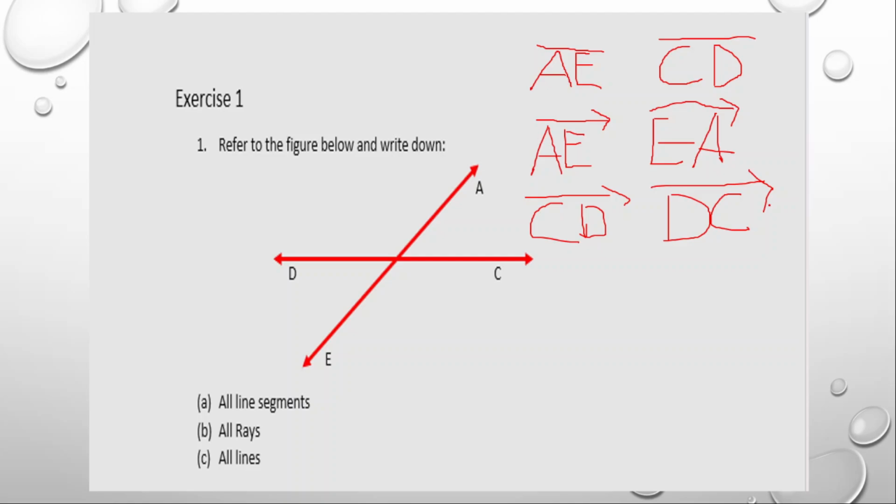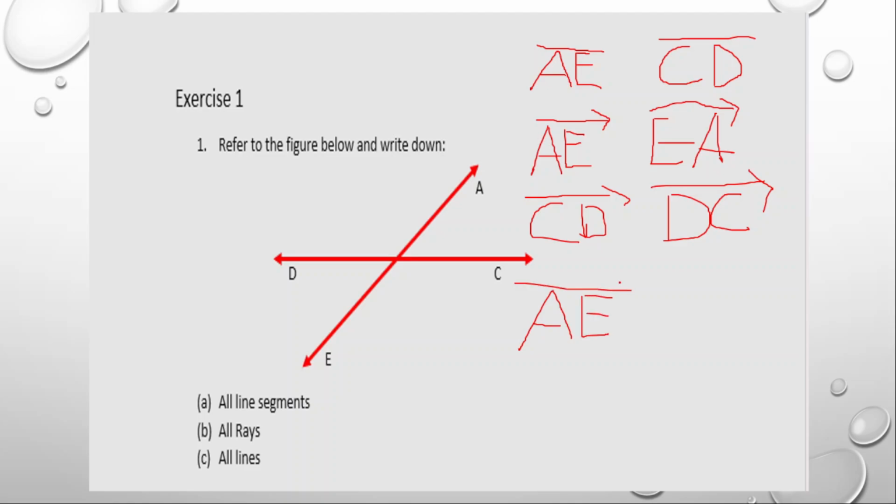Lastly, all the lines. How many lines do you see there? I see 2 lines. Okay, write it down. And we write it down as A, E. And don't forget, you must have your symbol.